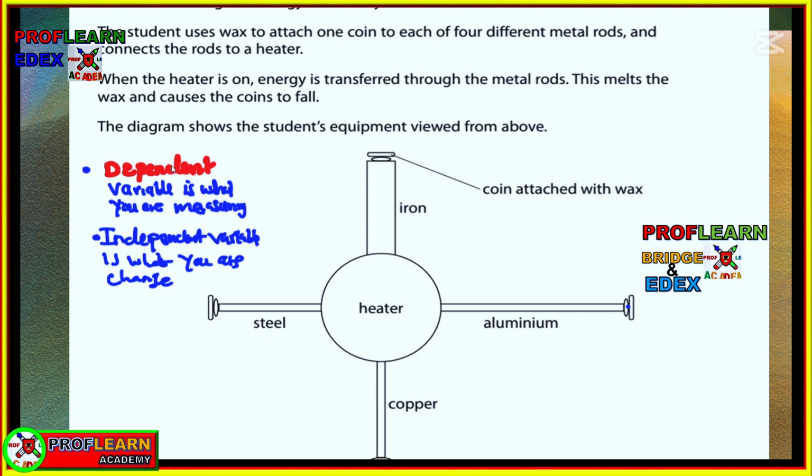Whenever you are asked about dependent and independent variables, you need to understand that the dependent variable is what you are measuring in the experiment, but the independent variable is what you change in the experiment.